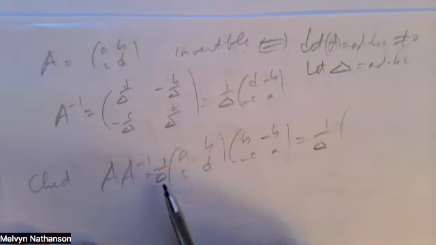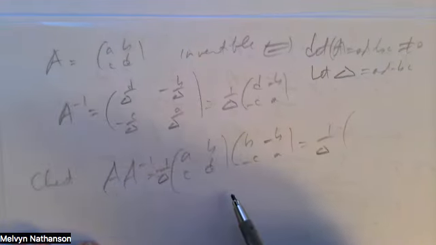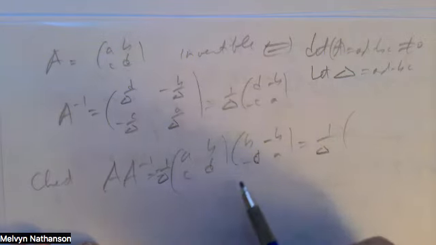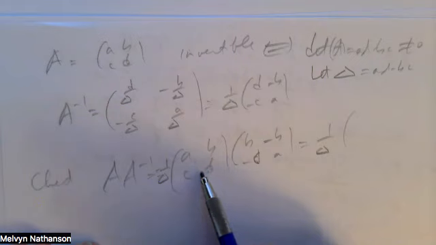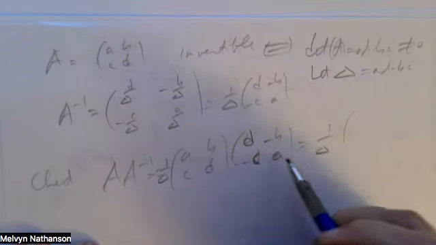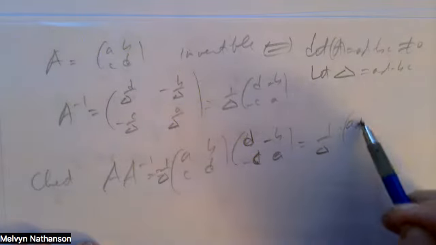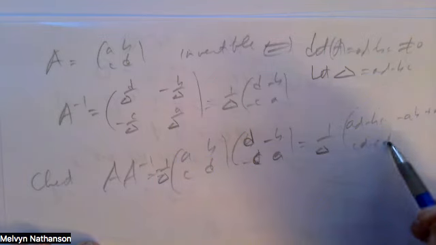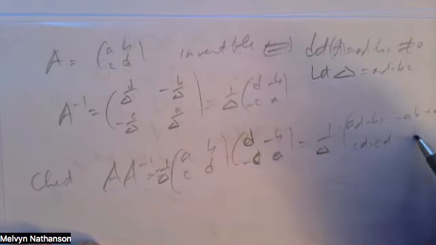If I do this matrix multiplication, I get AD minus BC, minus AB plus AB, CD minus CD, minus BC plus AD.